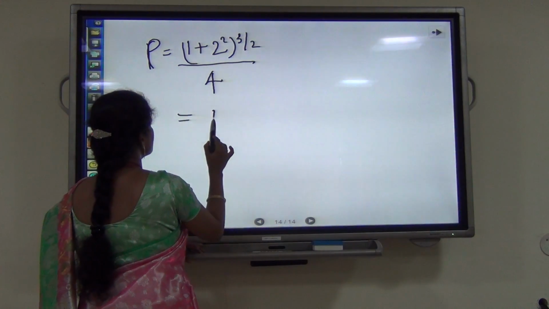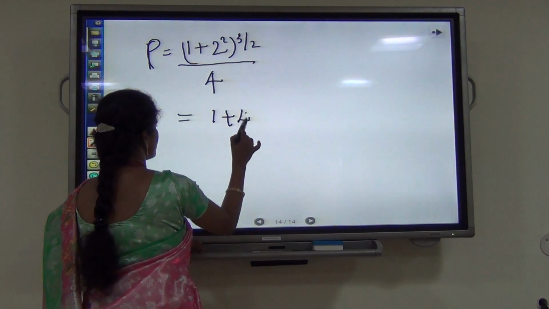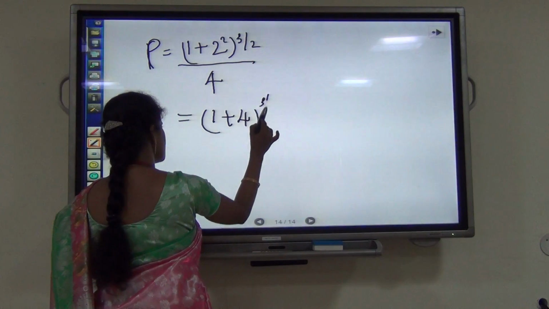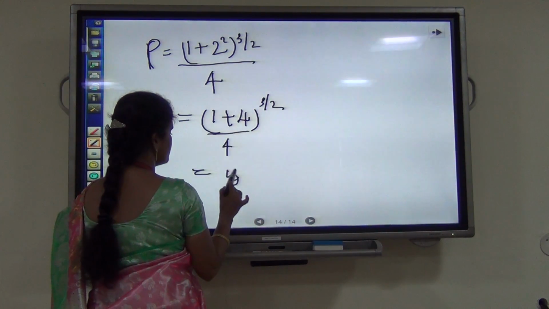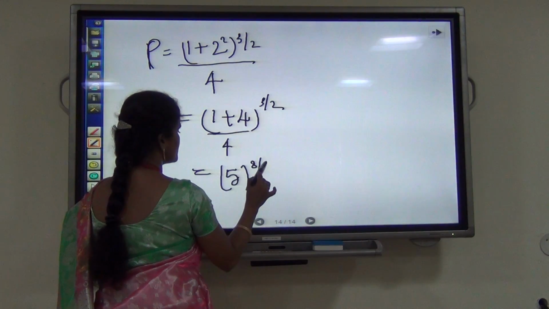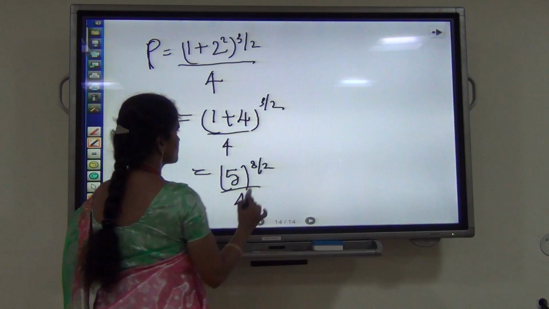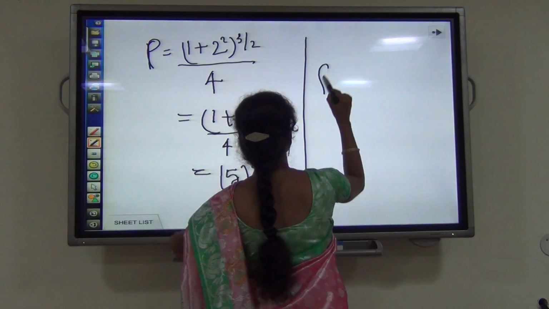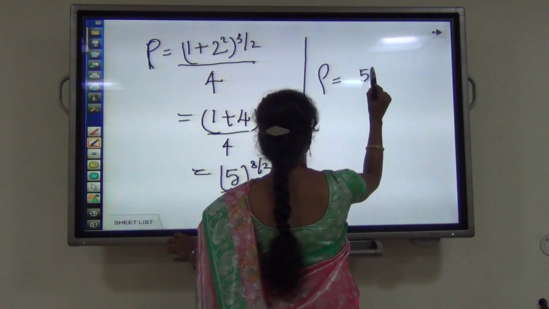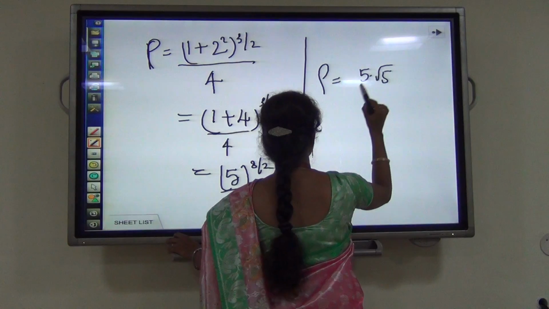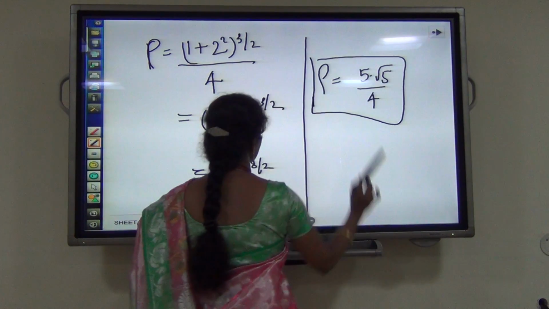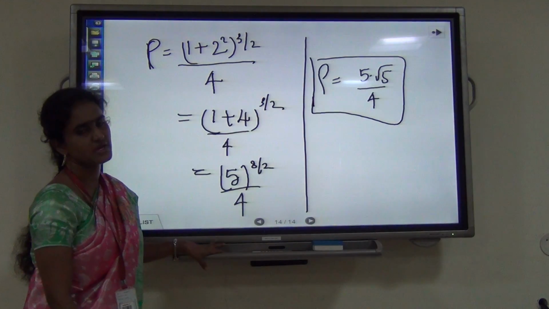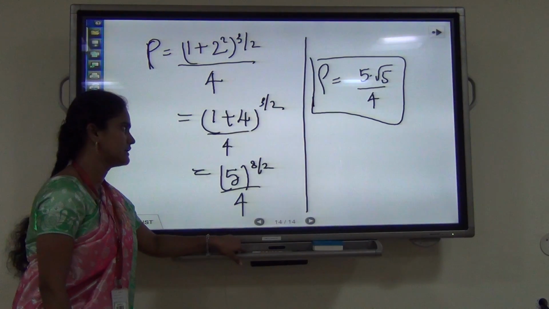So it is 1 plus 4, that is 5 to the power 3 by 2 by 4, or rho is equal to 5 root 5 by 4, which is the radius of curvature for the curve y is equal to 4 sin x minus sin 2x.